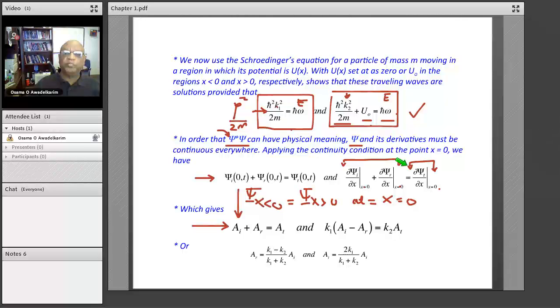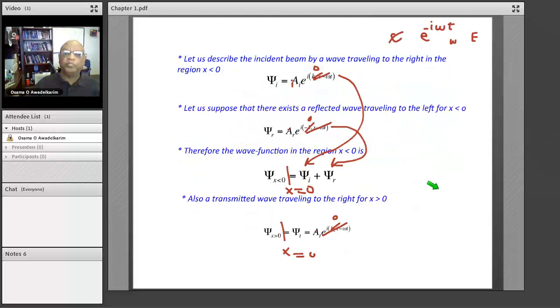Just take the derivatives again: go back here, take the derivative of psi I with respect to x, and you get i k1, and then the same A_I exponential i(k1 x minus omega t). That's what you get for the derivative. And then you evaluate this derivative at x equals 0.